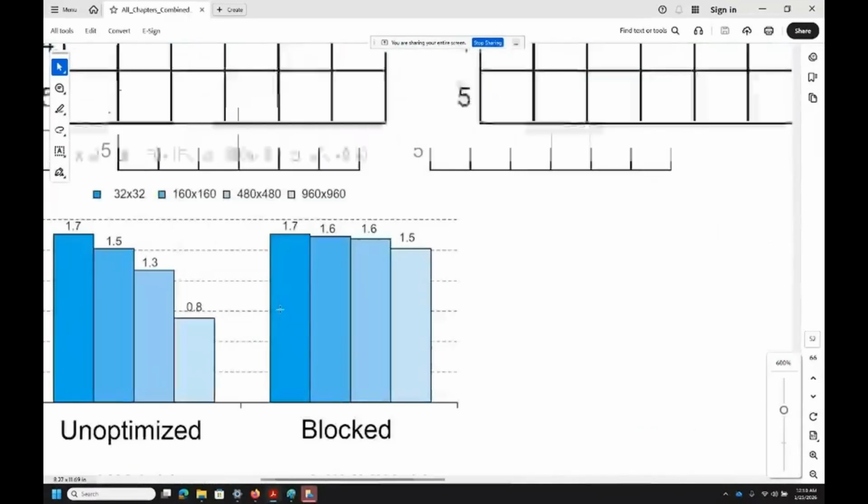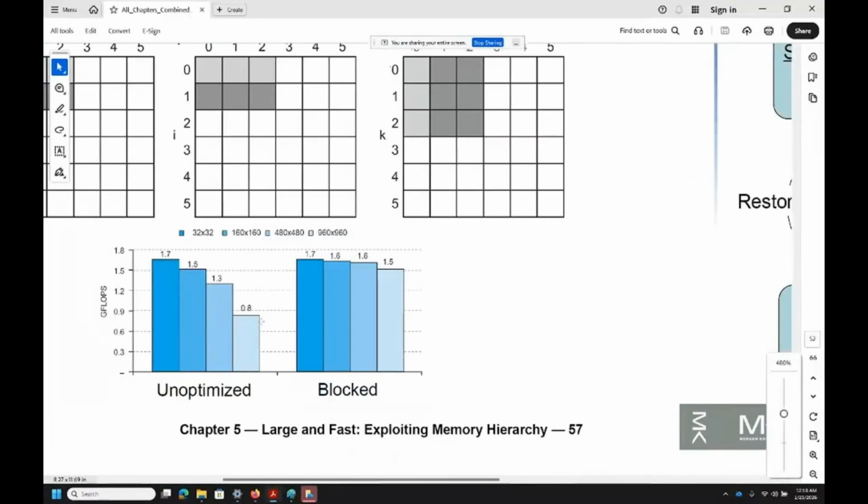You can see here the unoptimized one gives about 1.7 GFLOPS at 32 by 32, but at a 960 by 960 array, it drops down to only 0.8 GFLOPS.